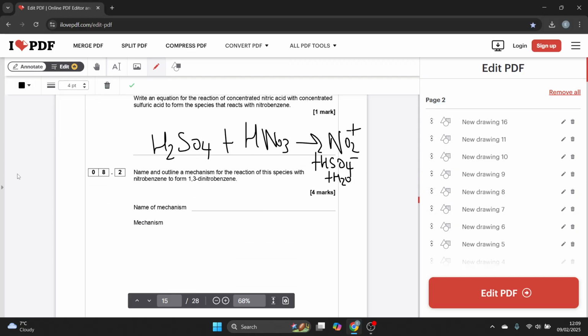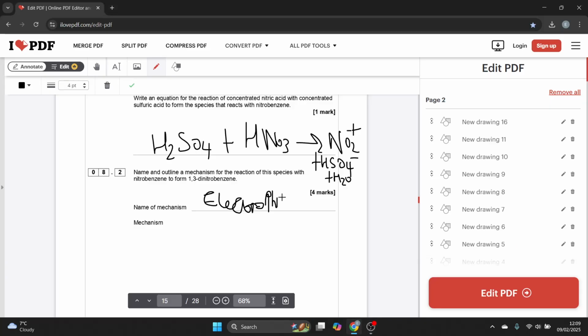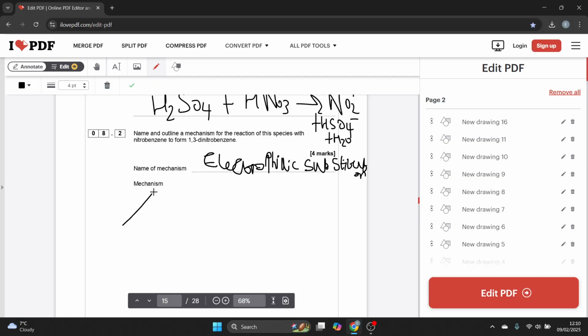Name and outline the mechanism for the reaction of this species with nitrobenzene to form 1,3-dinitrobenzene: electrophilic substitution. Now the mechanism for the reaction of this species with nitrobenzene.